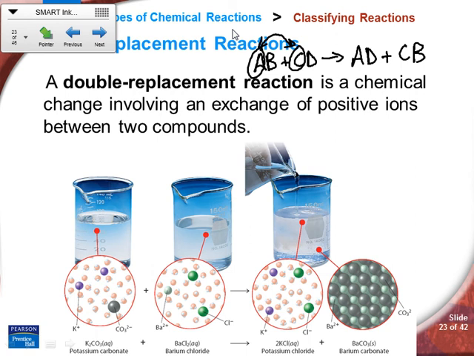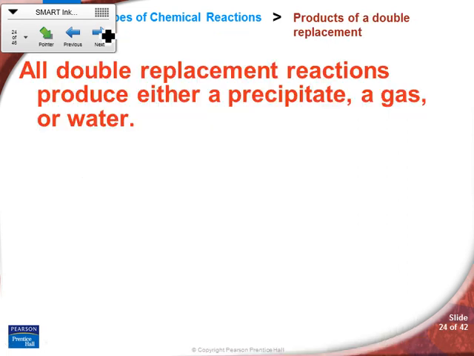So, okay, let me show you the example here. This is potassium carbonate and barium chloride. Don't write this down yet. I'm just using this screen because there's more room. Potassium carbonate and barium chloride. Okay, what's going to happen here?